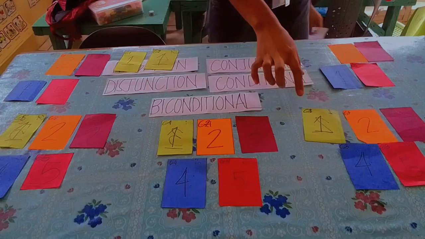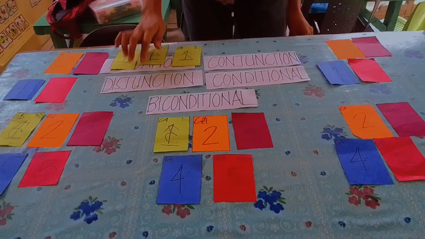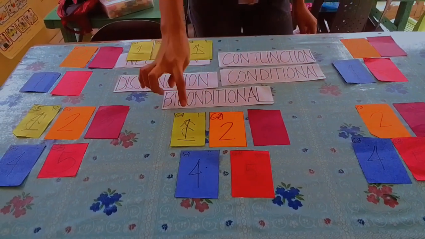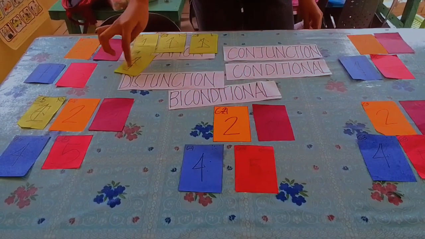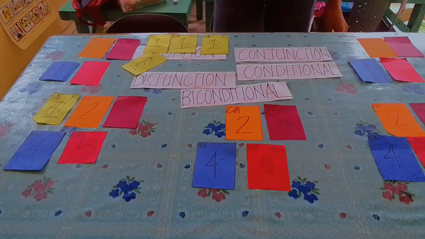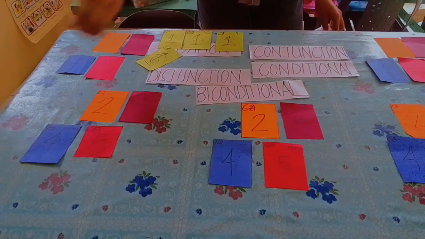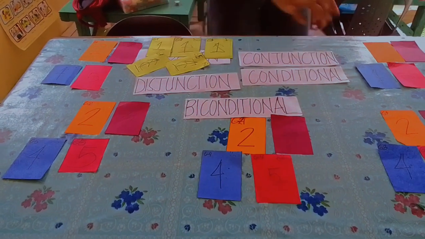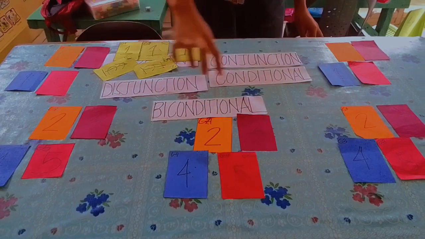The same goes for group 3, group 4, and group 5, where student number 1 proceeds with the topic negation. The same applies to the other topics.